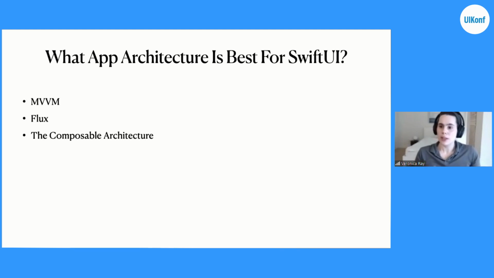Are they still relevant? So I would say that there's 3 main architectures that are contenders right now. Flux and the composable architecture are very similar. So really there's MVVM and there's Flux. Those are what I would encourage you to look at.